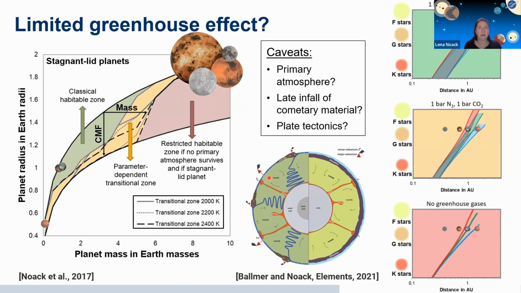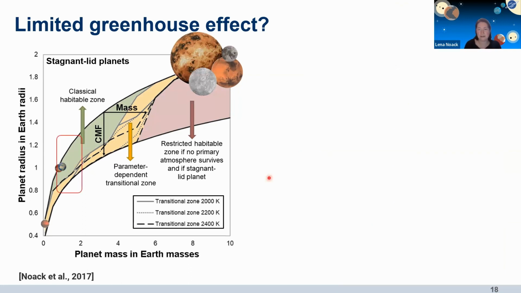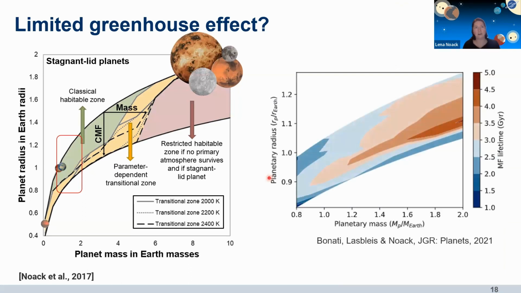But before I come back to the effect of plate tectonics, just quickly, because I had mentioned the magnetic field in the beginning, that it's also related to the interior. We had also looked at a subset of planets, so going here only from 0.8 to 2 Earth masses, looking at, depending on the interior structure, again, if we have a stagnant lid planet, how much heat can actually efficiently go out of the core, and how long can we actually drive a dynamo this way?